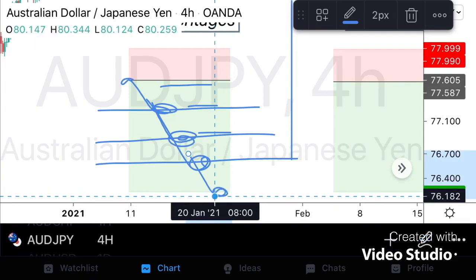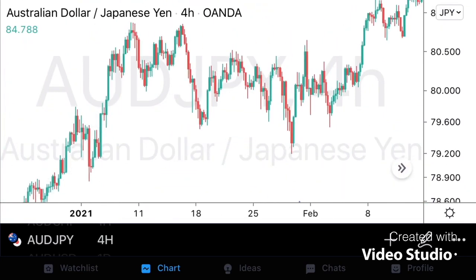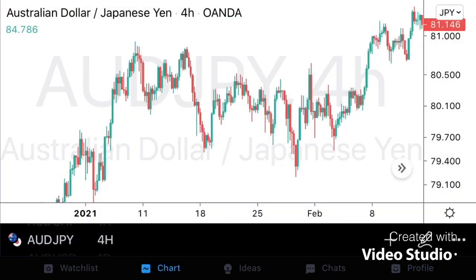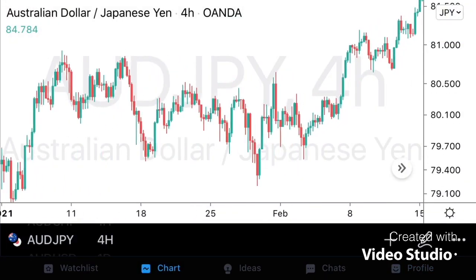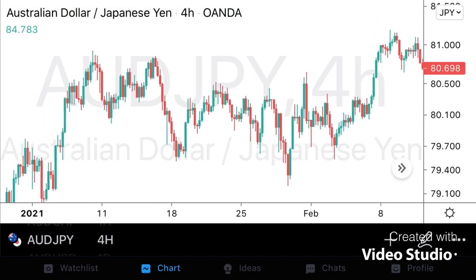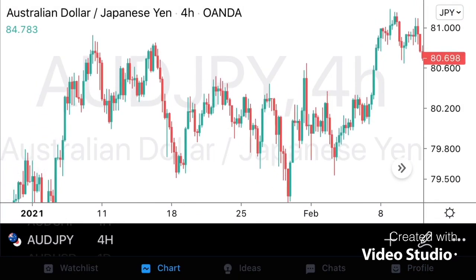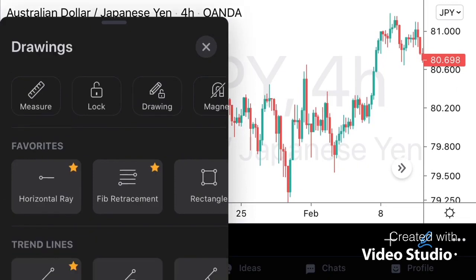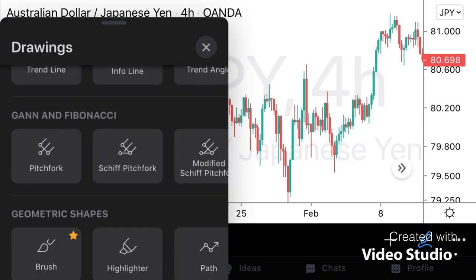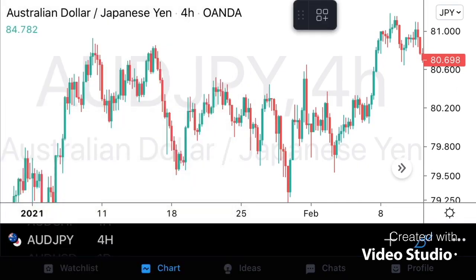Now, where we could most effectively use percentages is during consolidating markets. We know that consolidating markets are generally sideways moving markets. And we also know that if we're looking to trail or manage our trade using structure, we'll more often than not get stopped out.